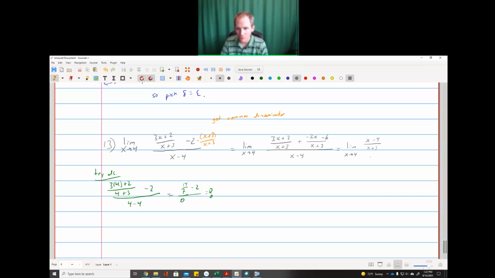And rather than writing this over x minus 4, I can always think of any expression as being over 1. Dividing by a fraction is the same as multiplying by its reciprocal. Okay, and that's helpful because here I can see, oh yeah, my x minus 4 factors will cancel. And we're working in a limit, so x can't equal 4, so that's okay.